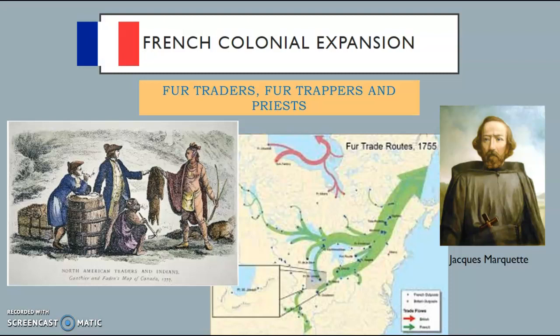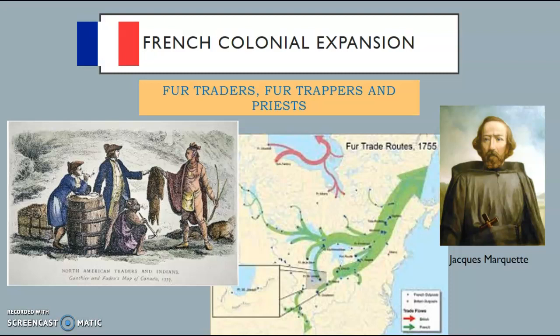So one of the big businesses in the Mississippi River Valley and in Canada was fur trading. And so a lot of French and other European countries were part of the fur trade. They would send people there who would trap the animals, and then they would trade for their furs. They also would trade with Native Americans to get furs from them. So a lot of the French who went there were trappers or traders.